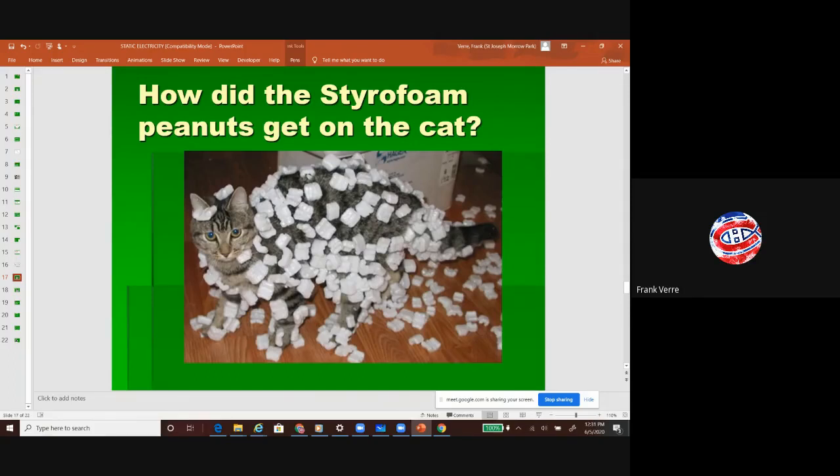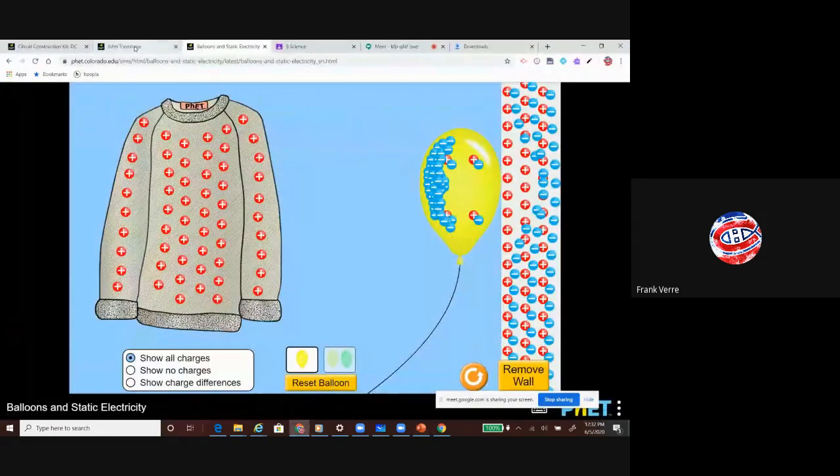So in the beginning, there was an image of a cat. Let me explain how this cat got styrofoam stuck on it. Basically, the idea is this. The cat is like John Travolta, walking across the carpet. When you walk across the carpet, you build up a charge like we saw here.